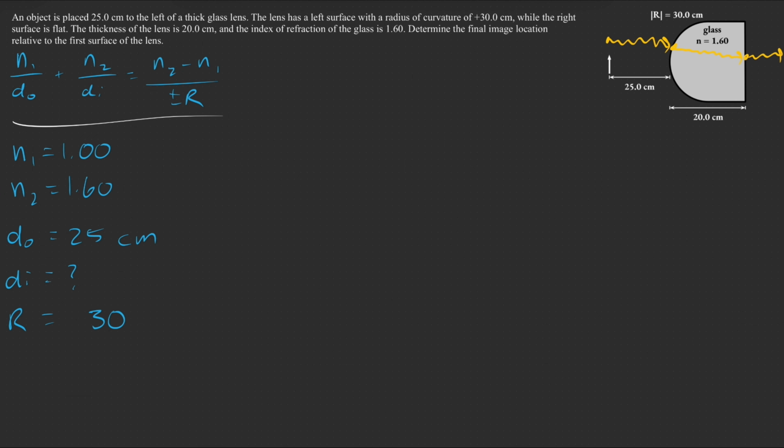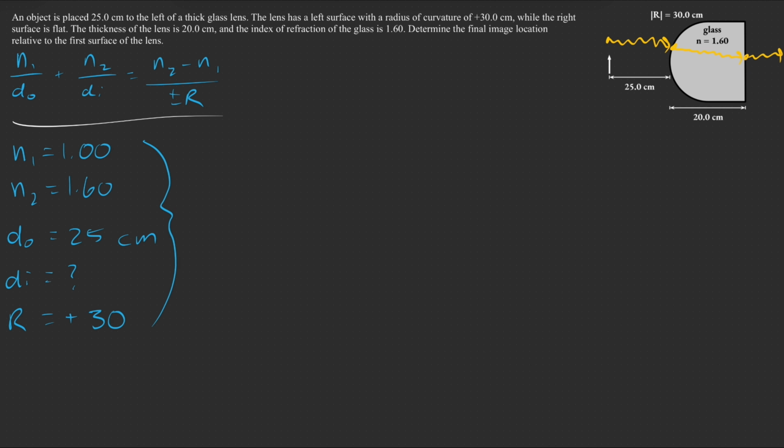Is it positive or negative? Well, the light ray encounters a convex surface, which means it's a positive value for R, meaning that the center of curvature of our refracting surface is on the right side of the surface, not the left. Again, two ways to think about it.